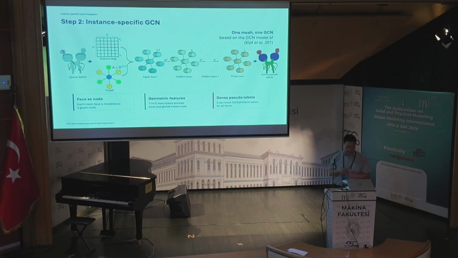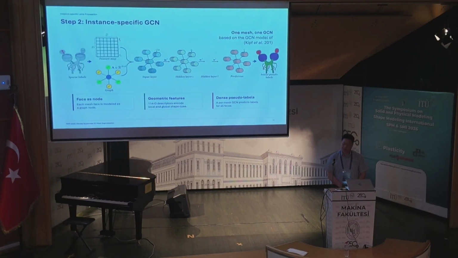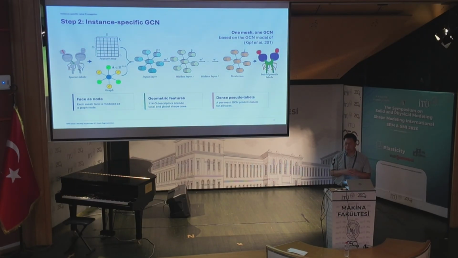So it's an iterative process. For each step, it's a deep learning approach. Phase two is instance specific, which means that for the training process, we only use the results we have for a single example, a single object. We do not use many other models for training.